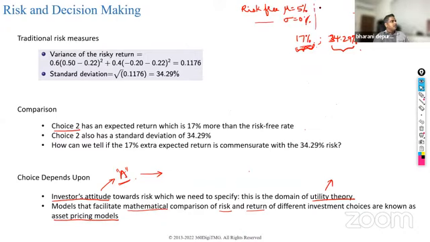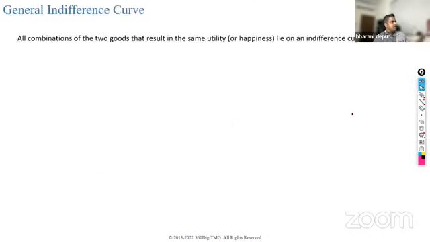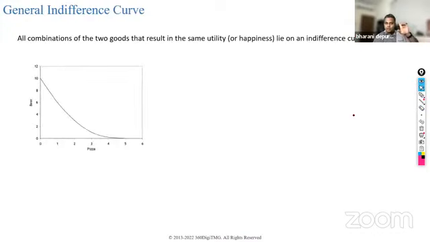Whereas for a risky asset, you get around 22% return on investment for a risk which is 34.29%. Okay, so that is where we stand. Now, whether you invest in risky or risk-free really depends on the risk-taking appetite of a person.